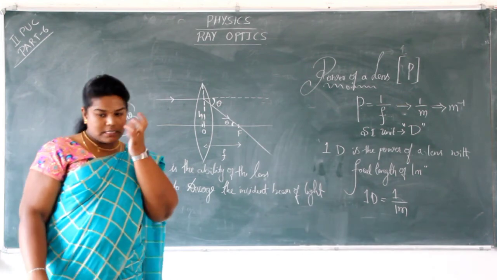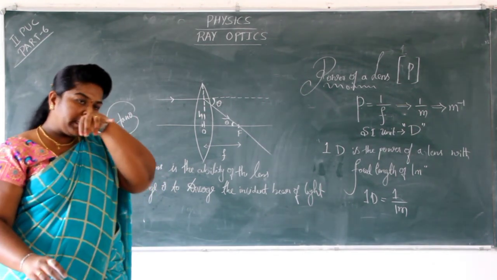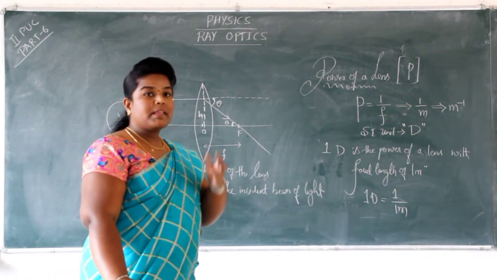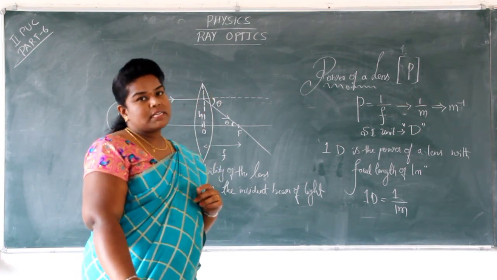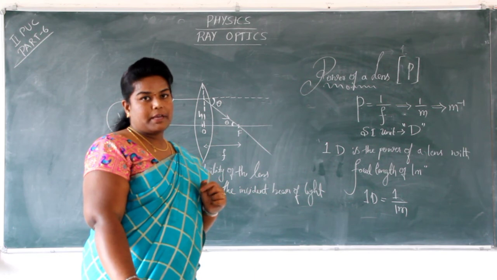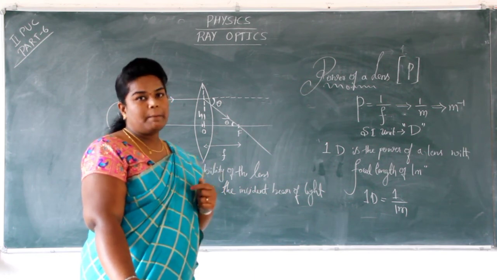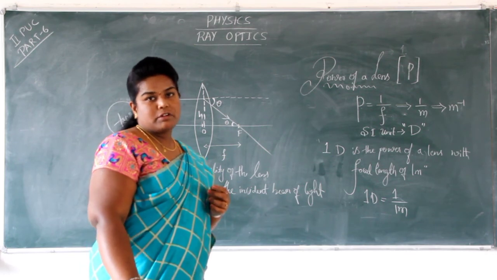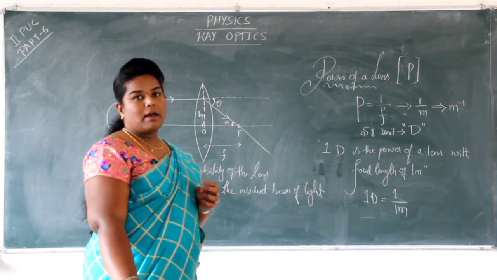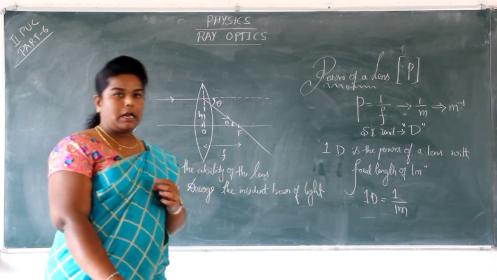So till now in today's class we discussed the derivation of the expression for the lens formula, 1 by f is equal to 1 by v minus 1 by u, and the lensmaker's formula, which can be written as 1 by f is equal to n minus 1 into 1 by r1 minus 1 by r2.